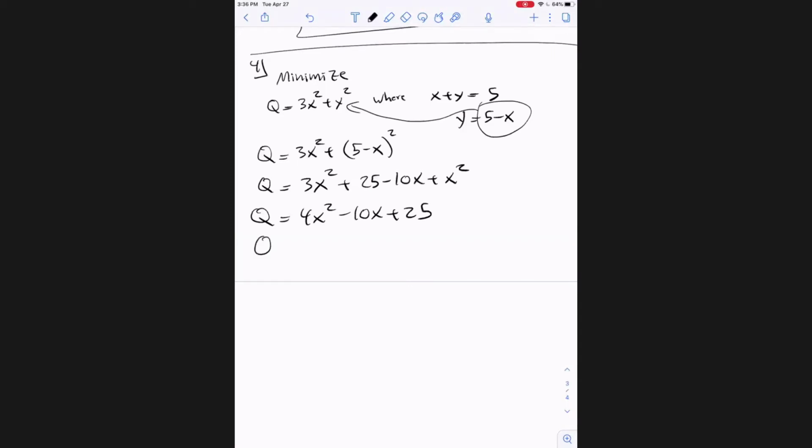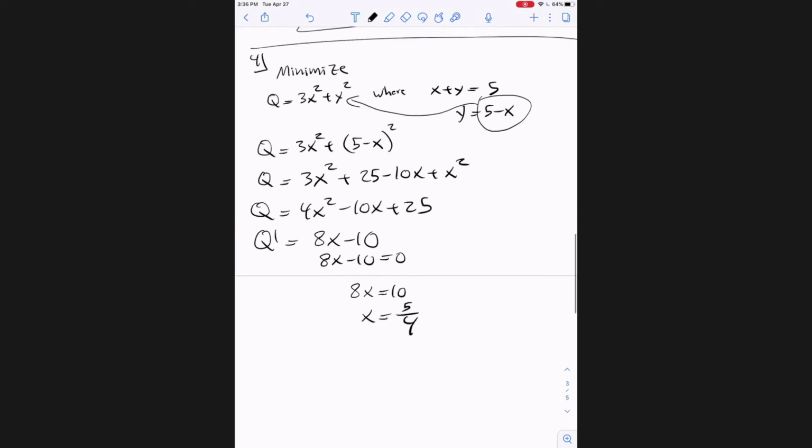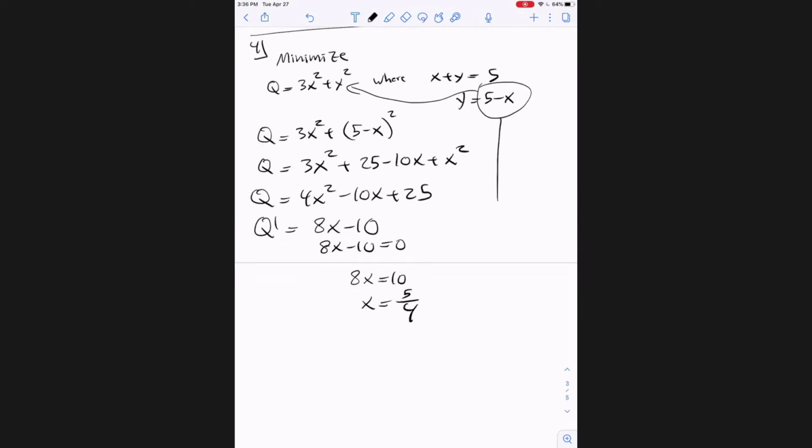Now take the derivative: 8x minus 10. Set it equal to 0. 8x equals 10, divide by 8, 10 over 8, which reduces to 5/4. Now, if x equals 5/4, we get y, which is 5 minus 5/4, which is 20 over 4 minus 5 over 4, which is 15 over 4.